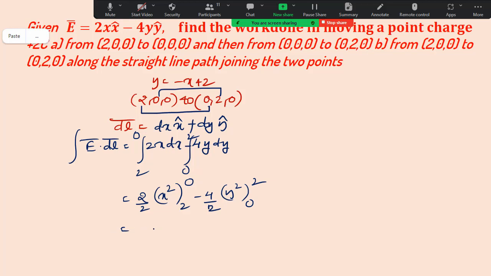So it is equal to 2 times, the x integration is x square by 2, limits 2 to 0, minus 4, the y integration is y square by 2, limits 0 to 2. So it is equal to 0 minus 4, and minus 2 times 4 minus 0. So it is equal to minus 4, minus 8, that is equal to minus 12.